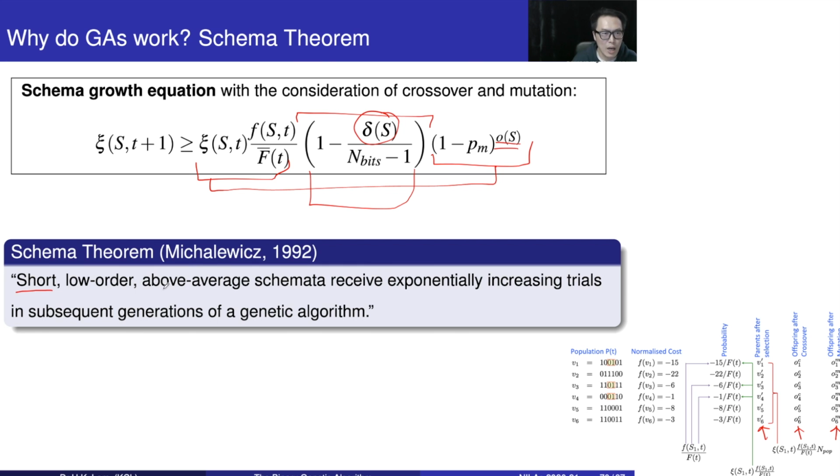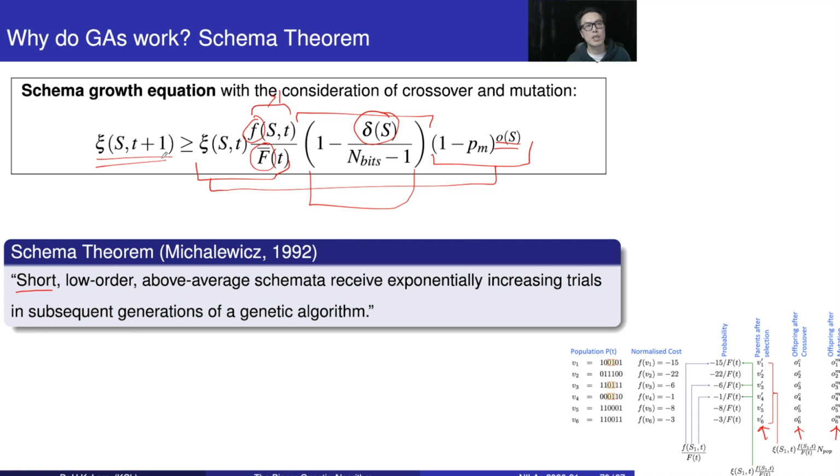And above-average fitness means that when f is higher than f bar, this value will become larger than 1. When all these three factors are favorable, this value will become larger.